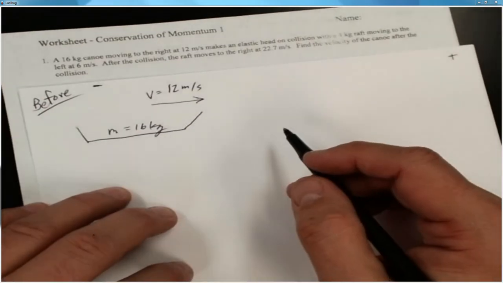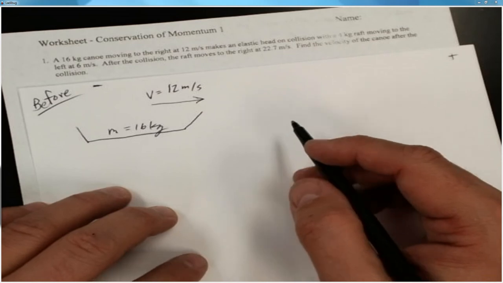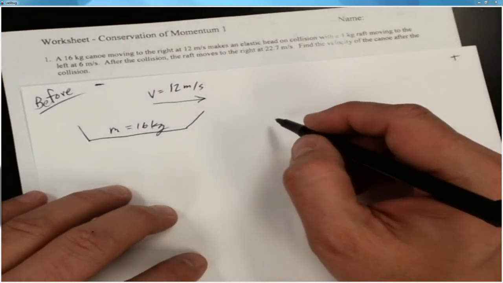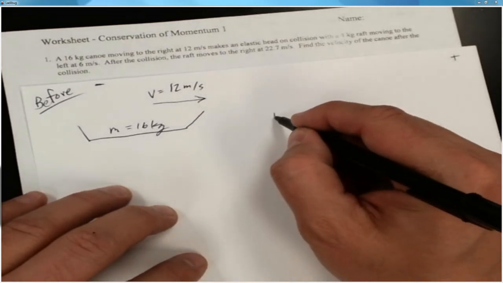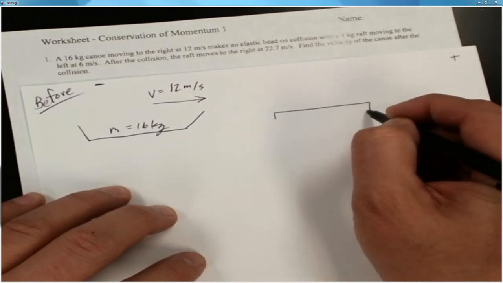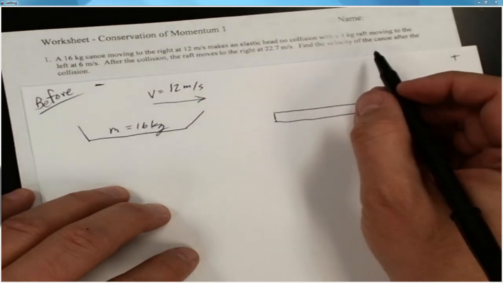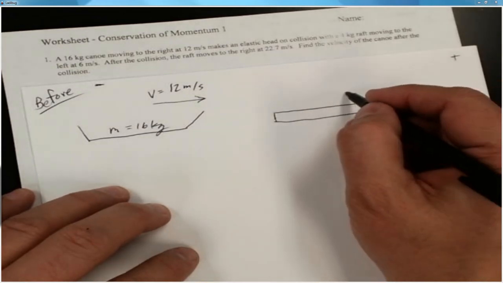And then it makes an elastic head-on collision with a 4 kilogram raft. So a raft is just going to be like logs, I guess. So here's my raft. And it is moving to the left, so it's moving this way.